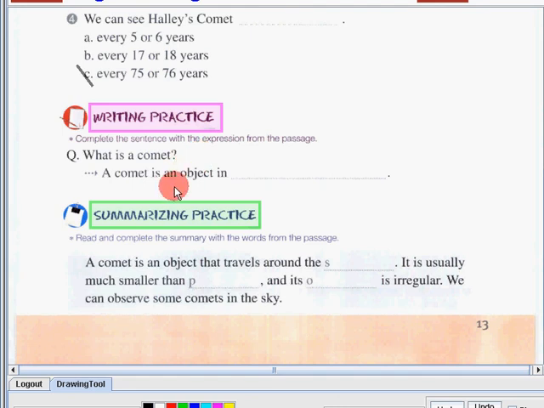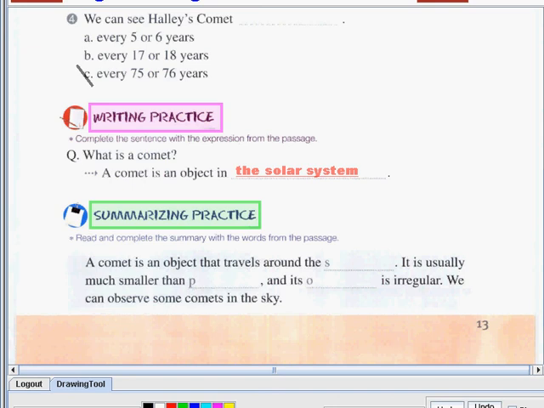A comet is an object in blank. So, what do you think is the correct answer? Alright, so the answer is the solar system. A comet is an object in the solar system. Okay, I hope you got it right.